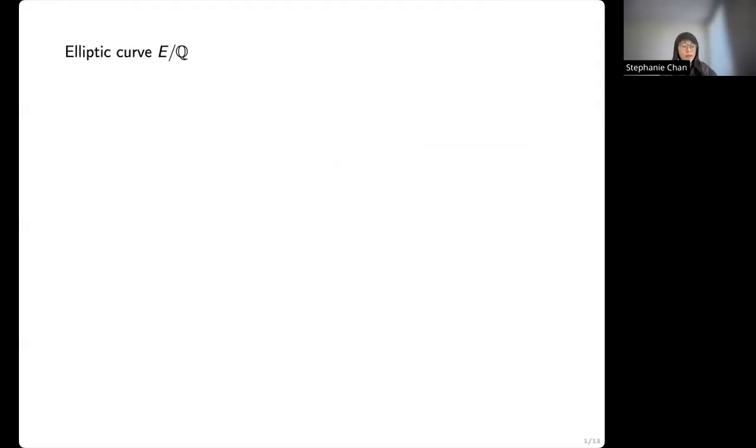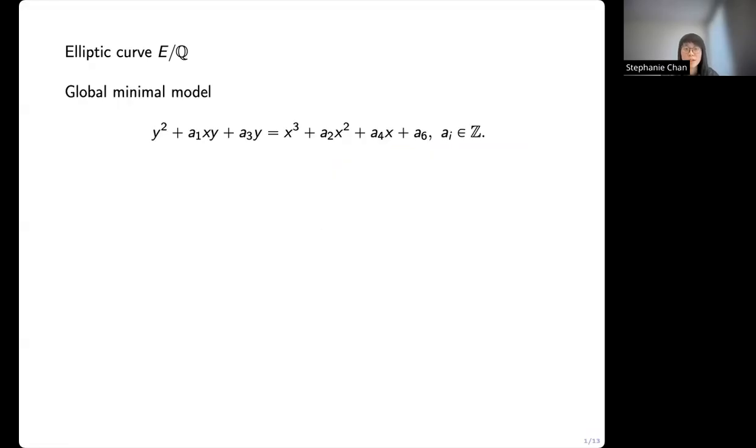So let's maybe just go through some of the definitions. If we take an elliptic curve defined over the rationals, we study the Q isomorphism classes of elliptic curves. Then there is a global minimal model. It will be a model of this form chosen in such a way that the discriminant is minimal, and the minimal discriminant is a polynomial in terms of these coefficients, A1 to A6.